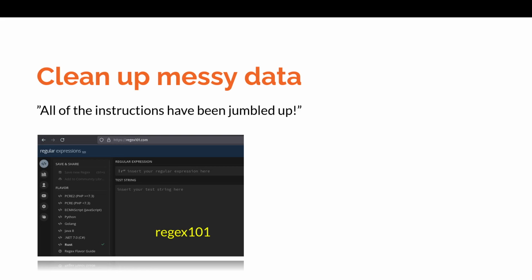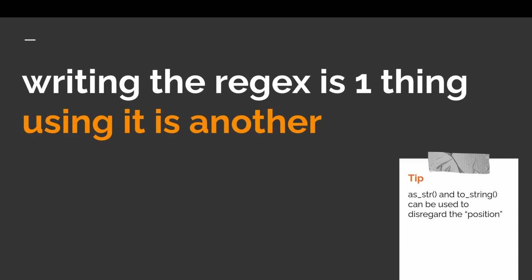So the first thing I did, after looking at the AOC challenge, was copy the example, not the full data, just the example, and paste it into Regex 101. And I actually built that without using ChatGPT. So this is about writing the regex, regular expression, and also using it.